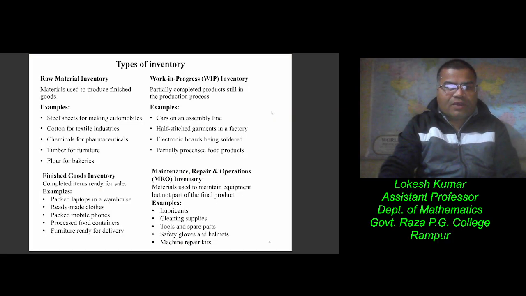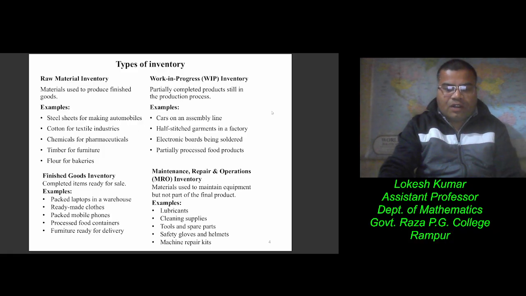Raw material inventories: material used to produce finished goods are called raw material inventories. For example, steel sheets for making automobiles, cotton for textile industries, chemicals for pharmaceuticals, timber for furniture, flour for bakeries.